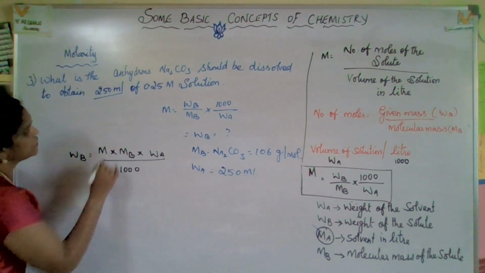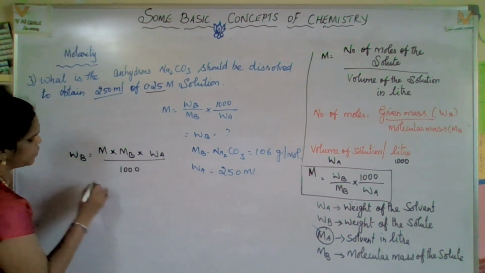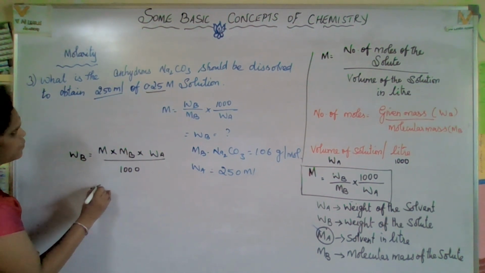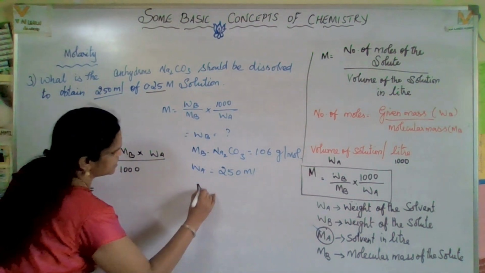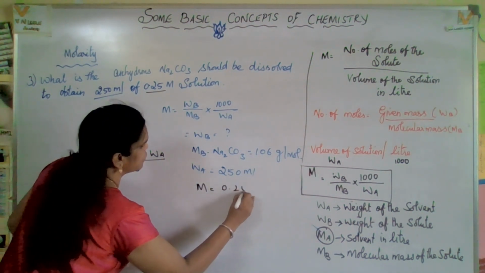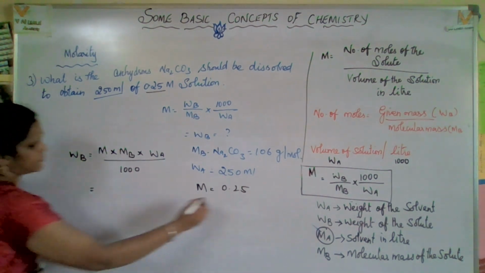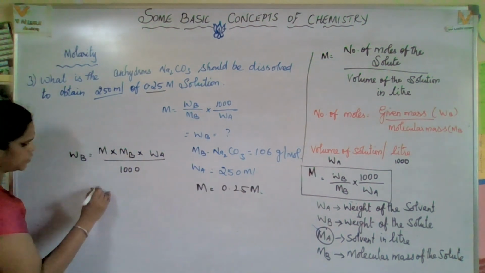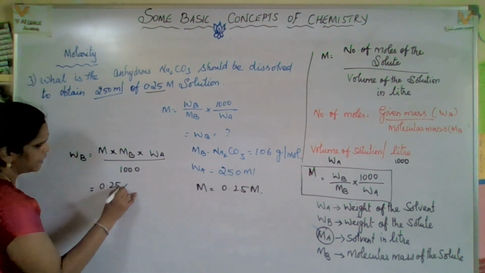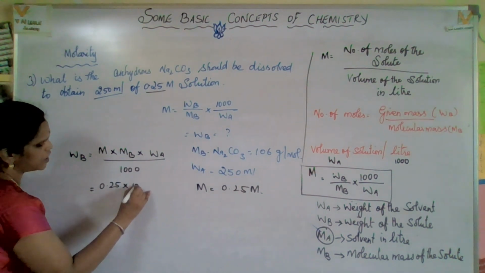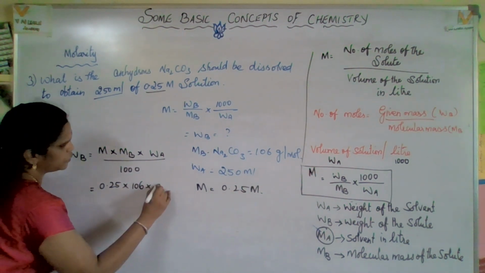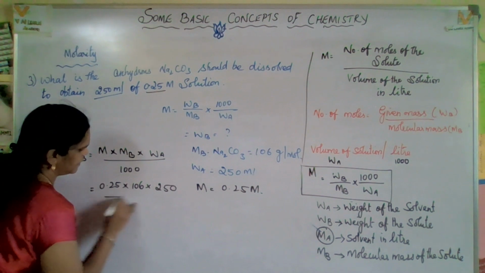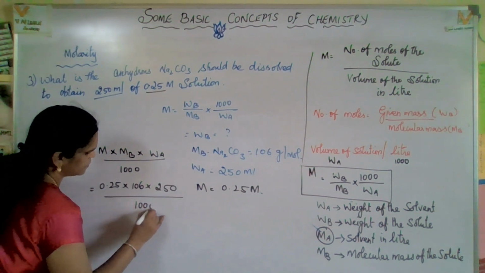Molarity they have given us, molarity is 0.25 M, capital M. So here 0.25 into MB, that is 106, into 250 ml divided by 1000.